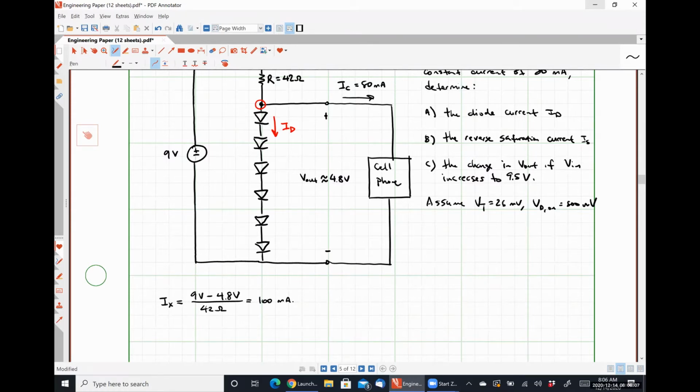Anybody have any problems with that level of circuit analysis? So certainly hope not. You guys, juniors, Ohm's law should be pretty straightforward by now.